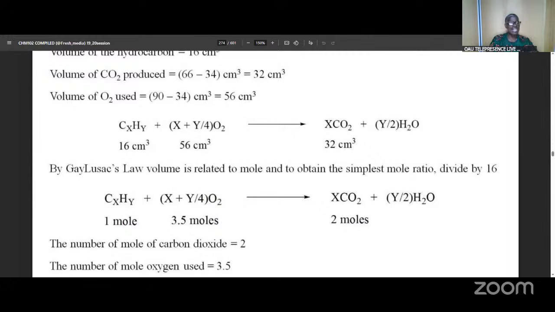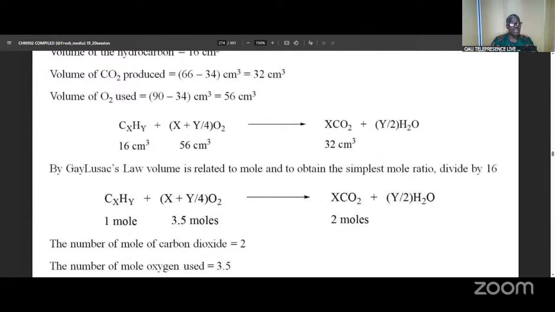Now, by Gay-Lussac's law, or even Avogadro, volume is related to mole, and therefore to obtain the simplest mole ratio, all we need to do is divide by 16, because CxHy is 1 mole, which is 16 cm³.